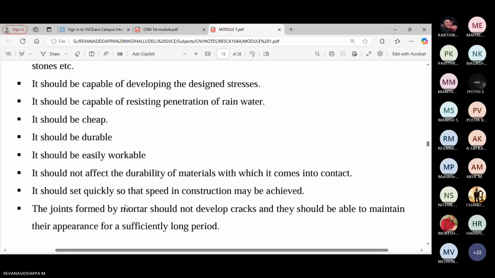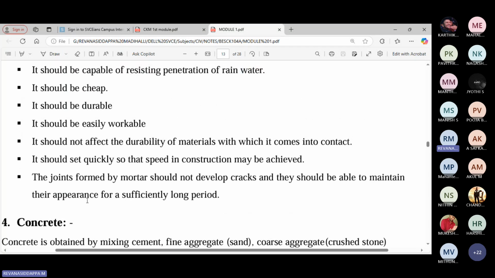Then I think this is the last requirement. The joints formed by mortar should not develop cracks, and they should be able to maintain their appearance for a sufficiently long period.